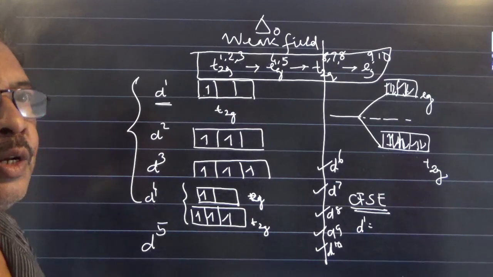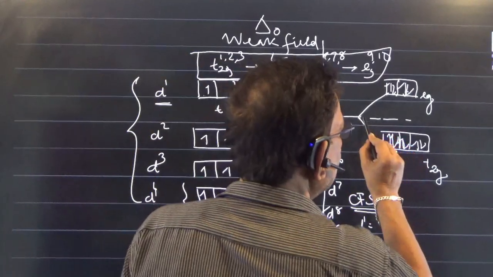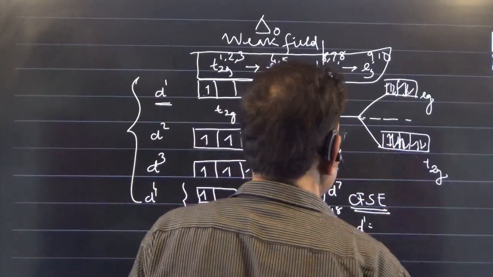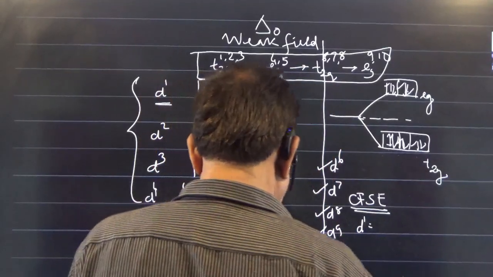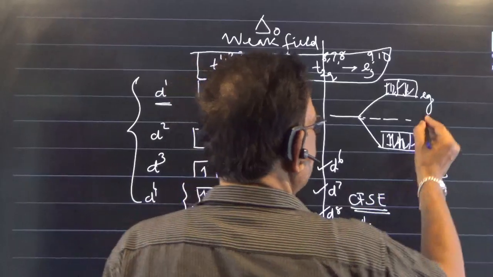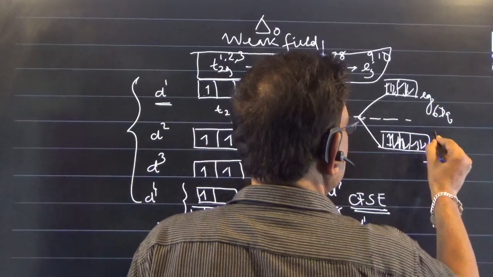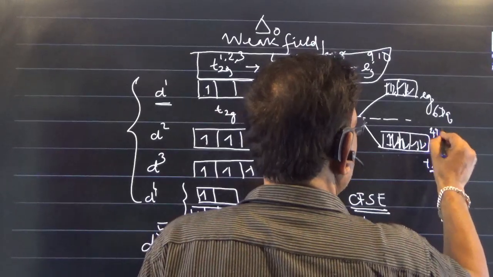T2G, the energy is decreased. Look at this one: this is T2G, this is EG. So in EG, that is your 6 Dq, and this is your 4 Dq.